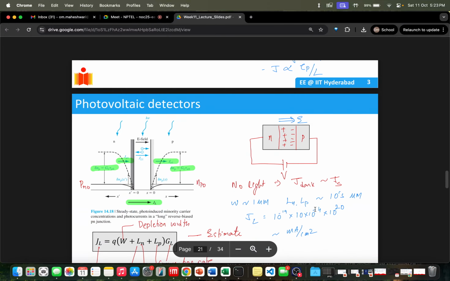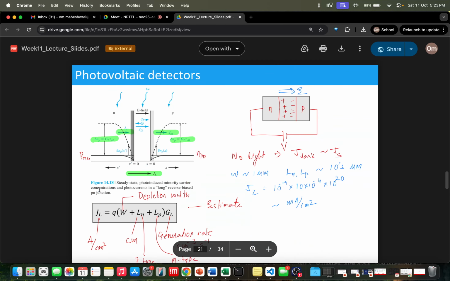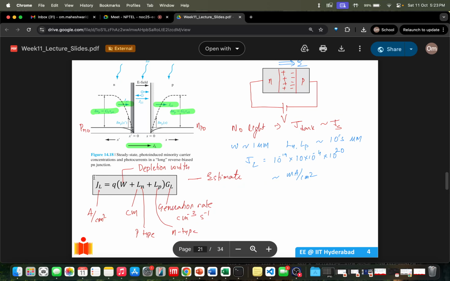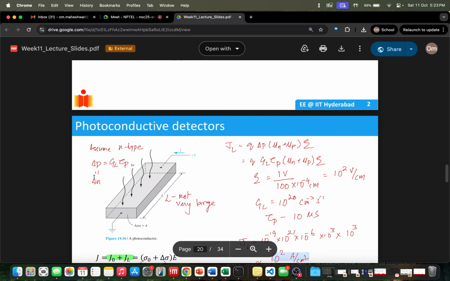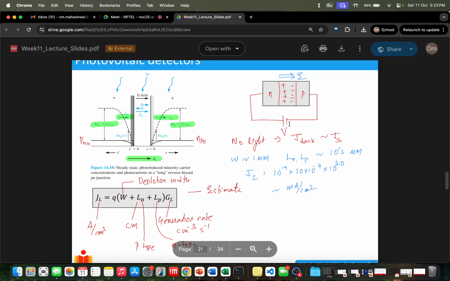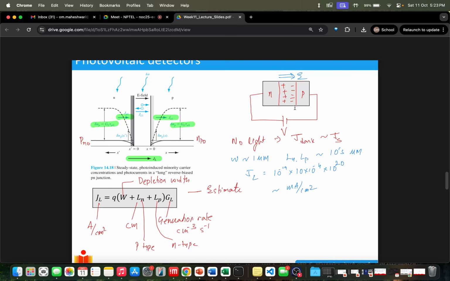So photovoltaic detectors. There are photoconductor detectors and photovoltaic detectors. Photovoltaic detectors have an NP junction, which is reverse biased. So here JL is given by qW plus LN plus LP times GL.